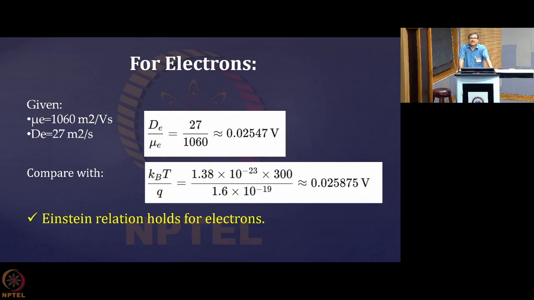You can see that up to the third decimal place they match each other, and at the fourth decimal place they differ. These are anyway experimental values, so we can say that the Einstein relation holds well for electrons.